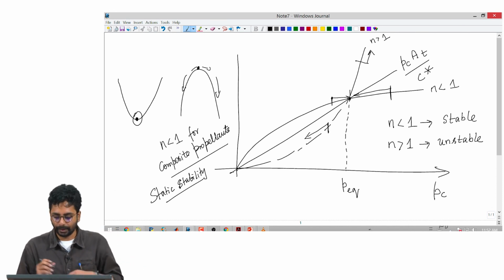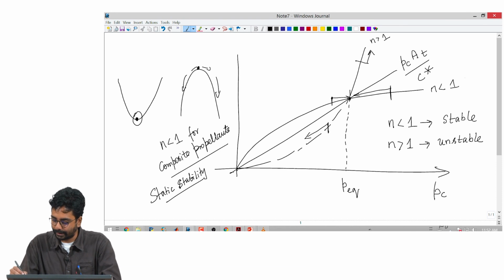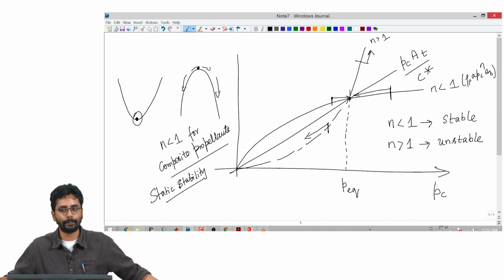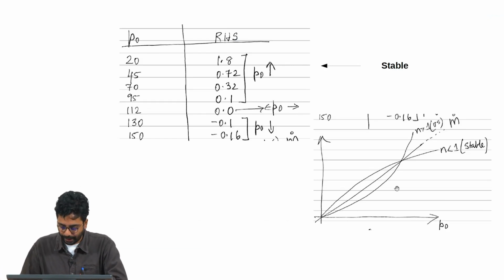This is Pc At by C star, and this is rho p A Pc raised to n Ab. So, for n less than 1, the curve goes like this; for n greater than 1, the curve goes like this. Is that clear? So, that is what I was trying to explain.